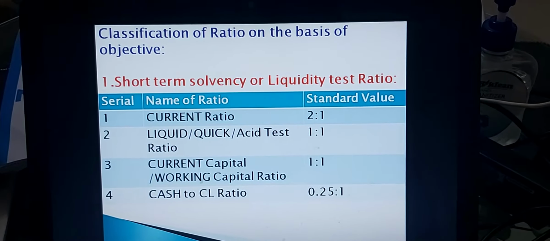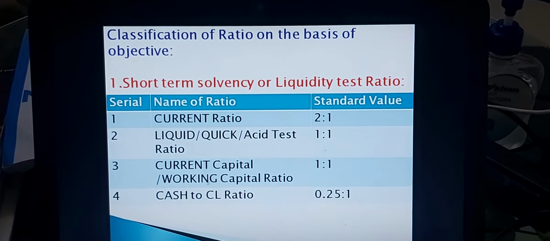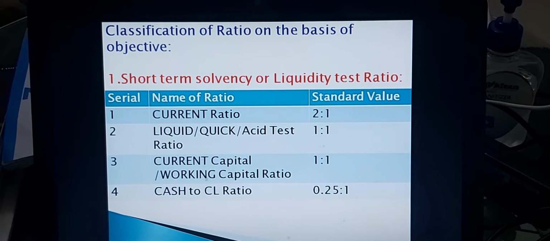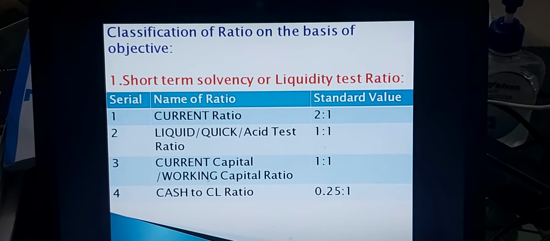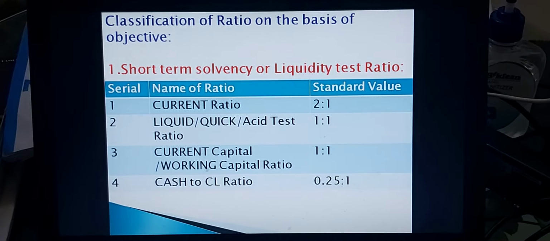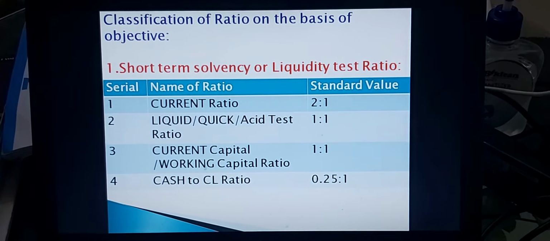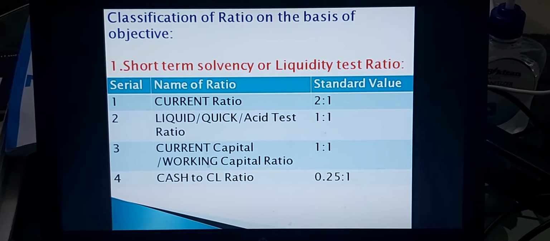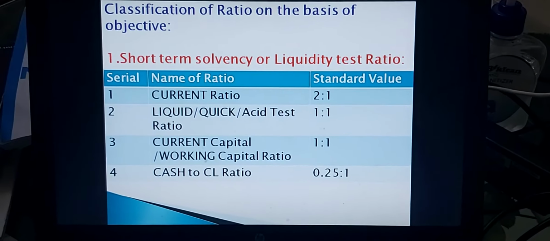For liquid or quick or acid test ratio, the standard value is 1:1, that is satisfactory. If below 1, that is not satisfactory. Third one, current capital or working capital ratio, the standard value is 1:1. Cash to current liability ratio, the standard is 0.25:1.